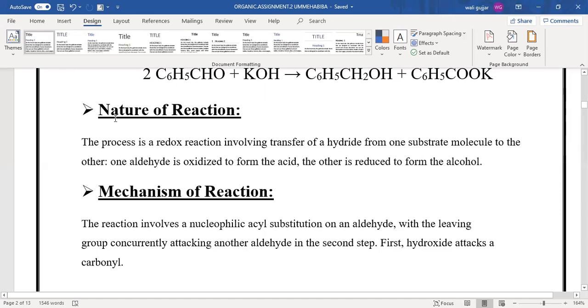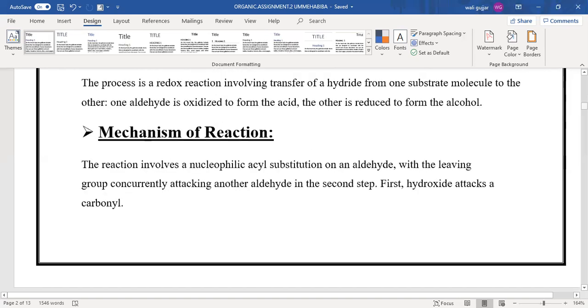So we see what is the nature of the reaction. The process is a redox reaction involving transfer of a hydride from one substrate molecule to the other. One aldehyde is oxidized to form the acid, the other is reduced to form the alcohol. Then I'll discuss the mechanism of this reaction.